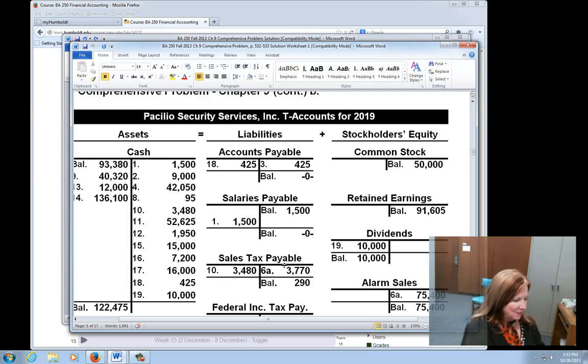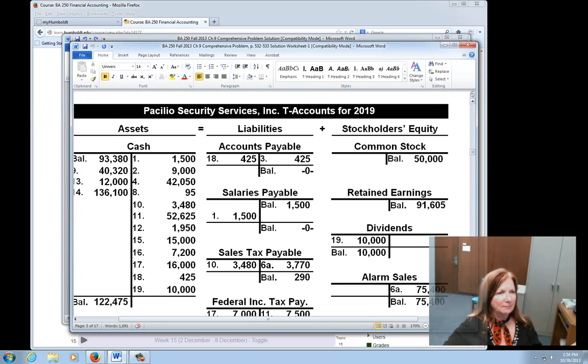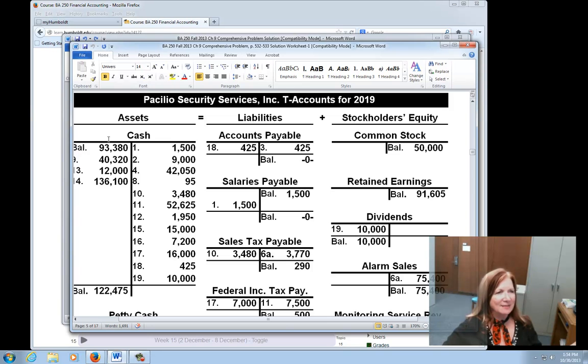And so we have these beginning balances. So if I look here, here's my beginning balance in cash, here's my assets, and my beginning balance is 93,380, and it's 93,380 there in the cash account.